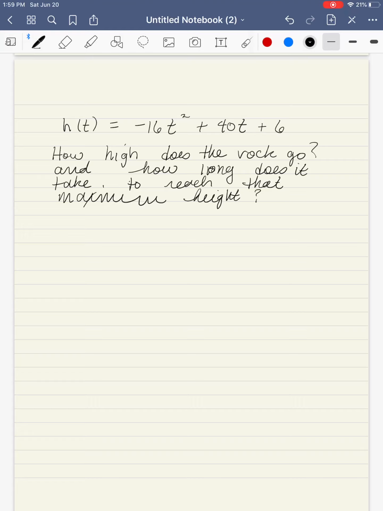How long does it take to reach its maximum height? Now, we're actually throwing the rock straight up, and then when it reaches its highest height, it comes straight back down. So I'd have to step back so it didn't hit me on the top of the head.